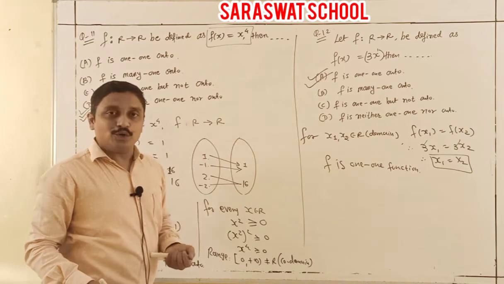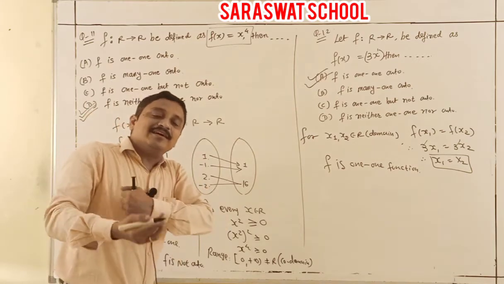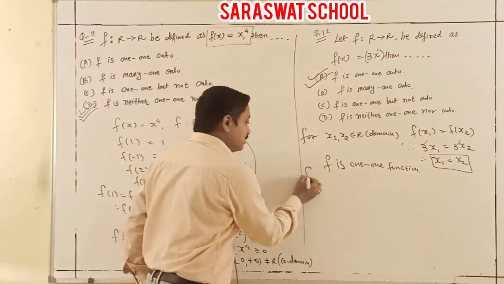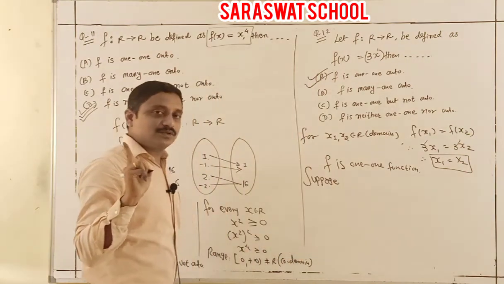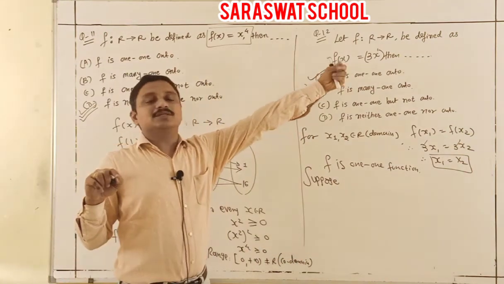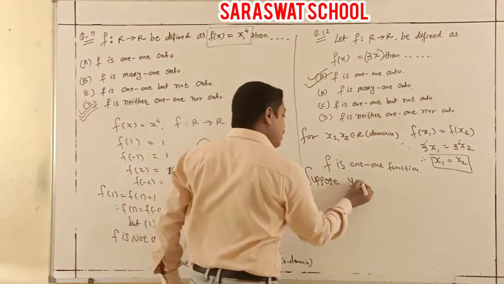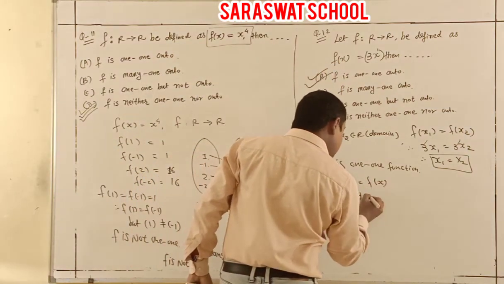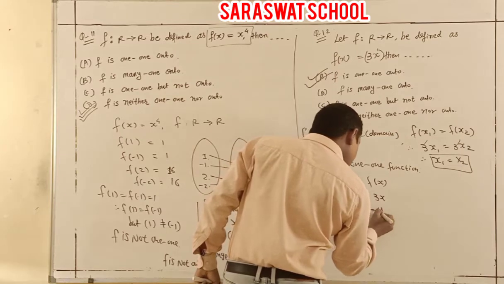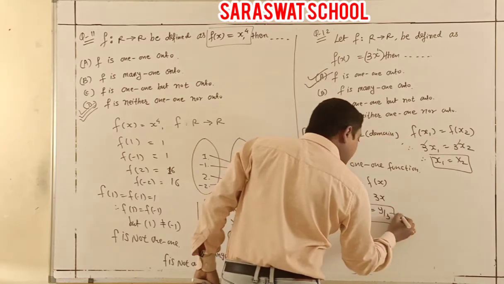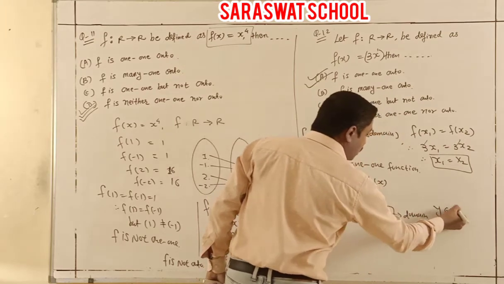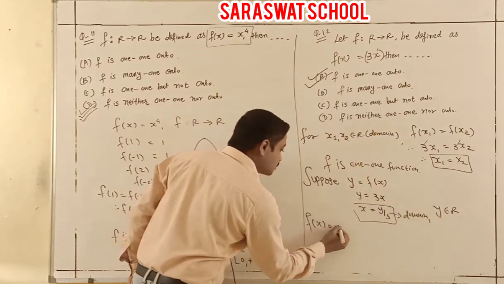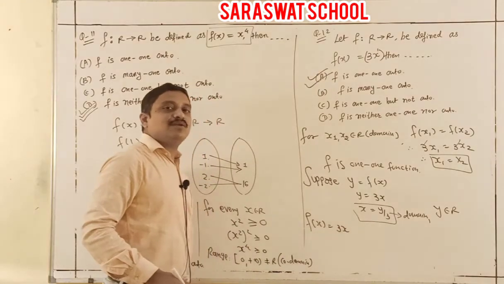Now I go to onto wise. Here also I explain in general. Suppose here you do not start with a number wise, students, because there are many numbers on this line. Suppose y is equal to f(x), which is 3x. What is x? y by 3, and that is called our domain, where y belongs to R. And applying the f(x), students, in the f(x) value I put it.